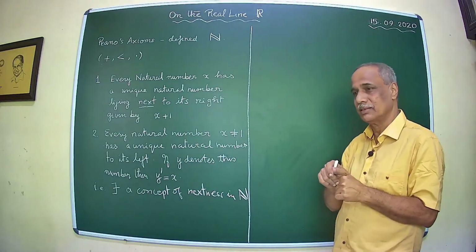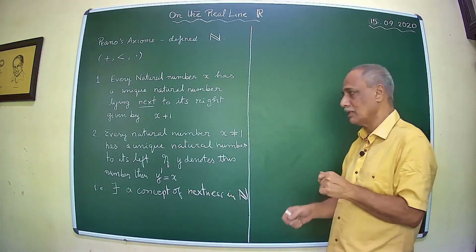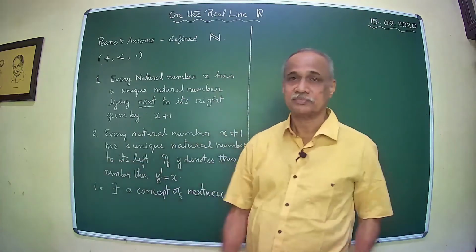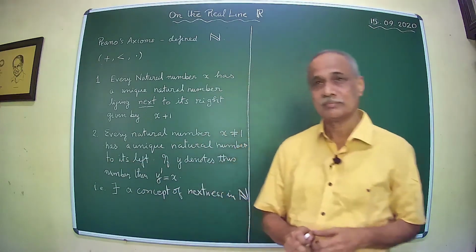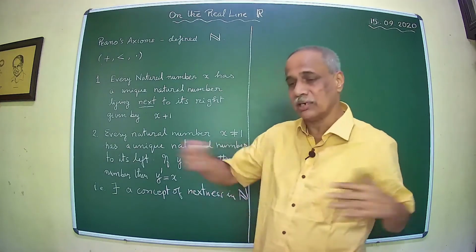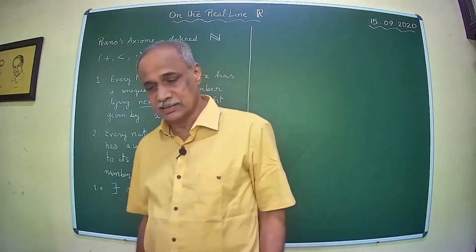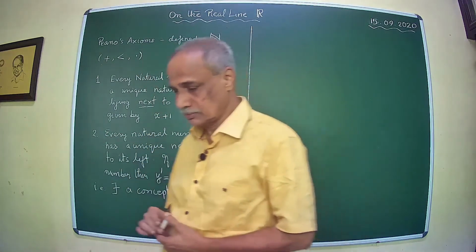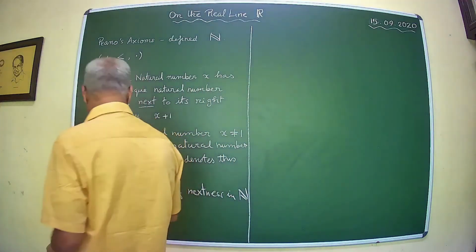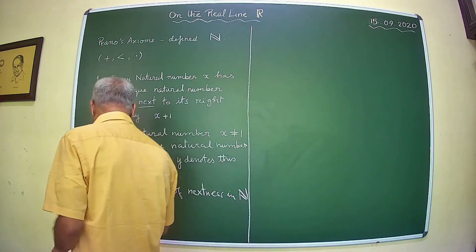This also gives what is called the discrete structure. So the set of natural numbers forms a discrete set.